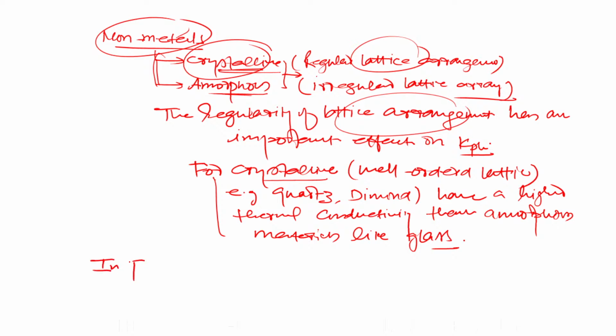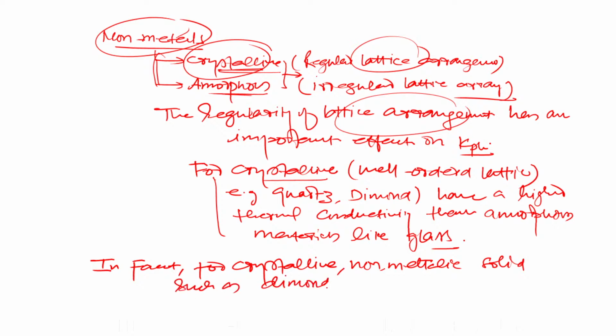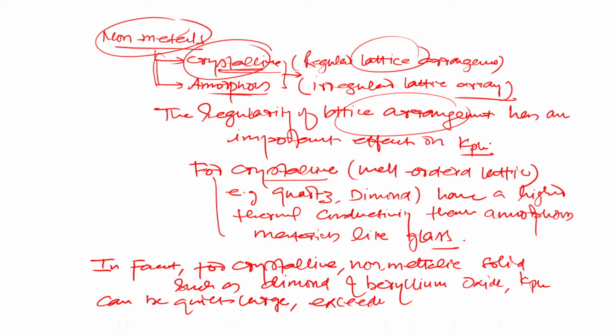So you can write here, in fact, a crystalline non-metallic solid such as diamond and beryllium oxide, its K phonons can be quite large, exceeding the value of K of good conductors such as aluminium.